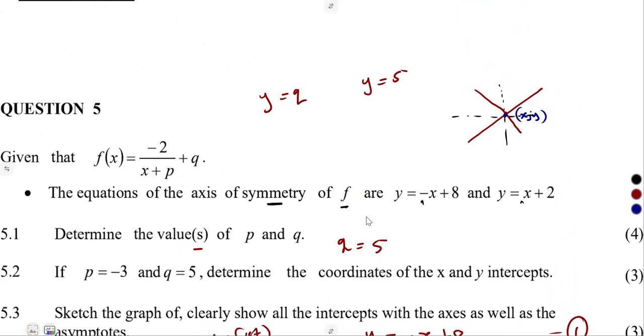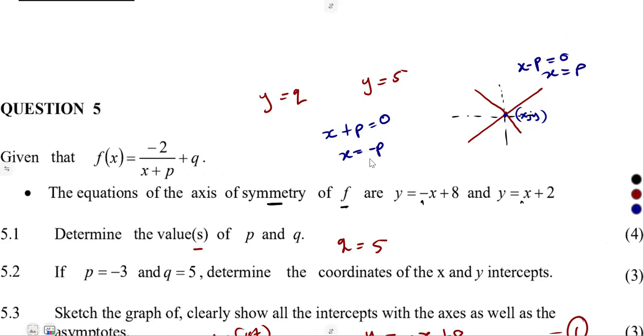But as for P, it is affected, because remember when you are finding the asymptote, x plus p is equal to 0. So it will be x is equal to minus p. If it is x minus p, you solve x is equal to positive p. So whatever you have as the value of x, when it is substituted, it changes the sign.